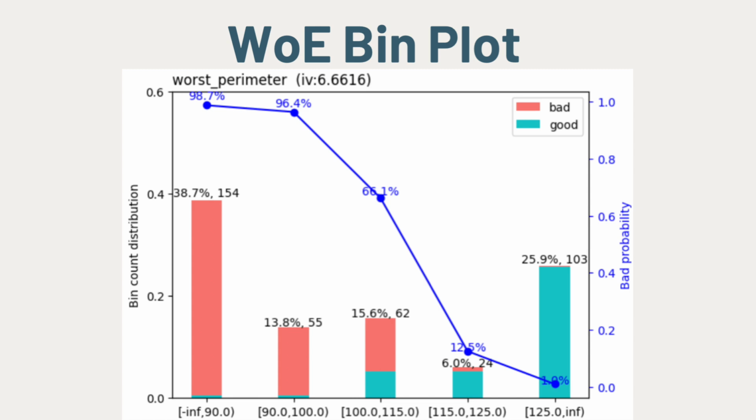This is calculated by 154 divided by the number of records, which is 398. The blue line denotes the proportion of bad dependent variable within the bin. Using the first bar on the left as example again, the probability, or proportion of 98.7%, is a result of 152 bad targets divided by a total of 154 targets within the bin.